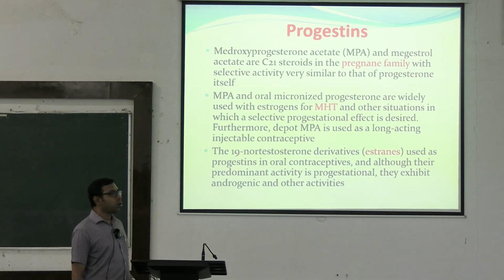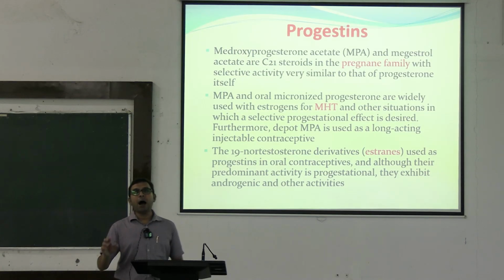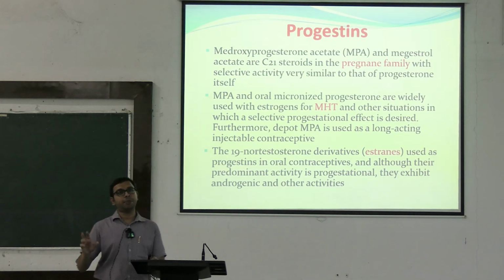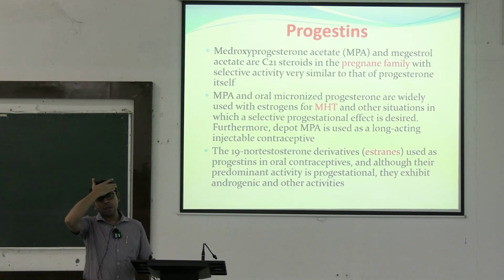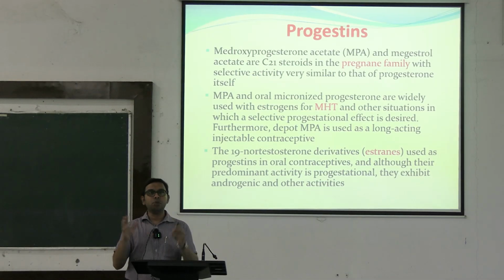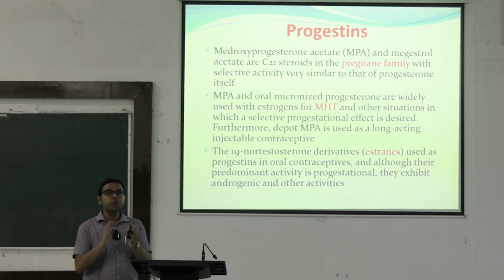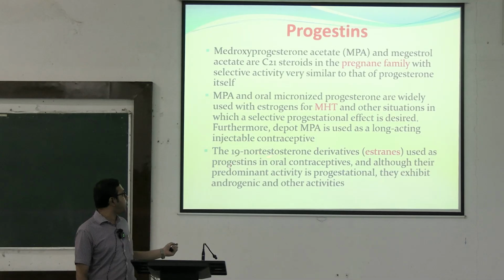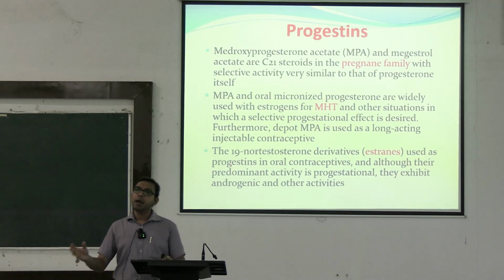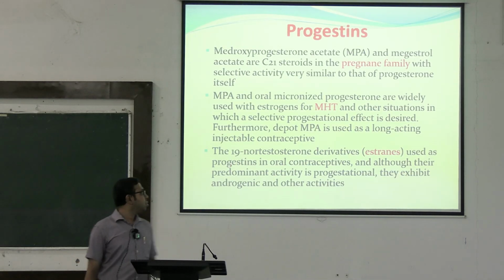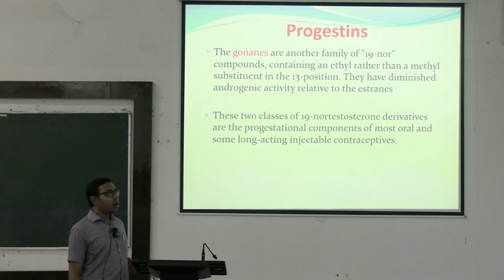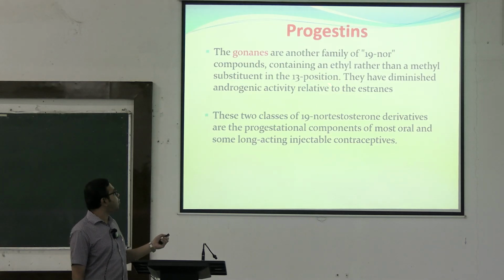19-nortestosterone derivatives, like estrogens, are used mainly as part of the combined oral contraceptives. Again, I have said during the estrogen discussion that combined oral contraceptives usually contain a combination of estrogen and progesterone. So this type of 19-nortestosterone compound can be combined with the estrogens. The gonanes are another type of the 19-nor family.